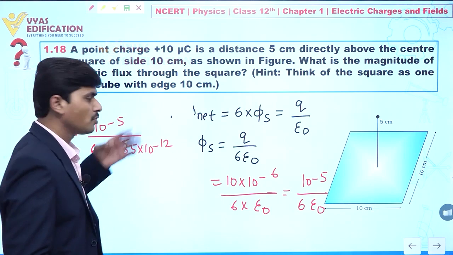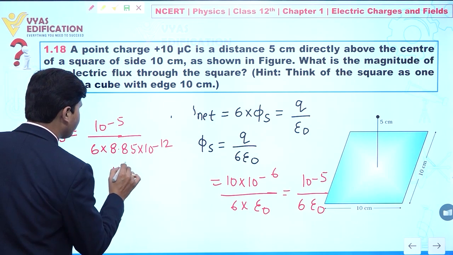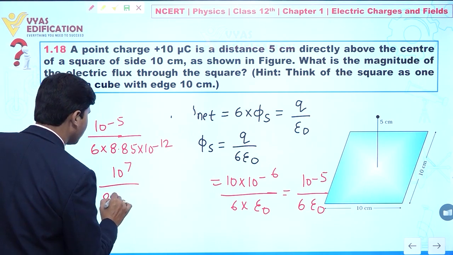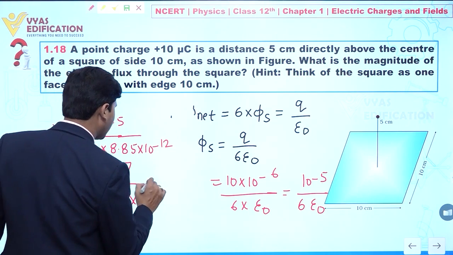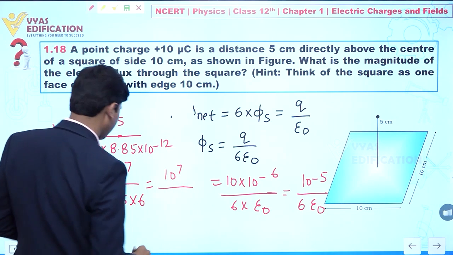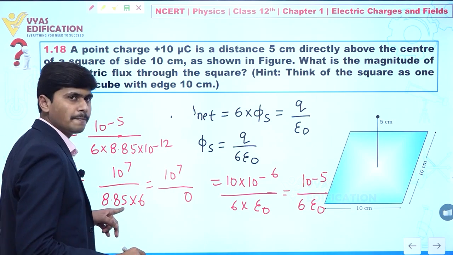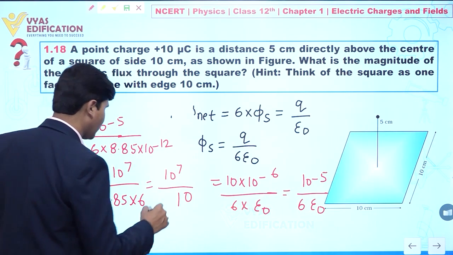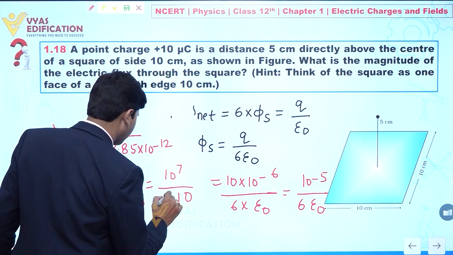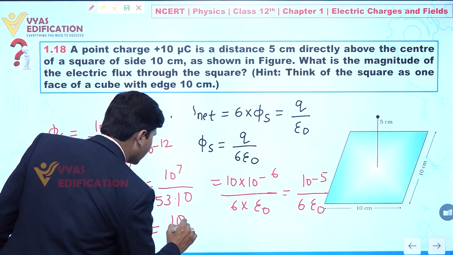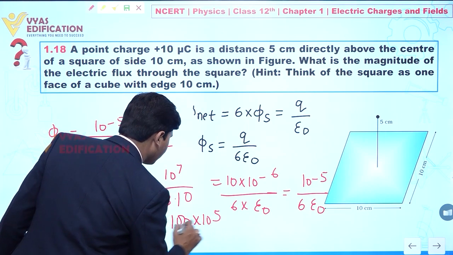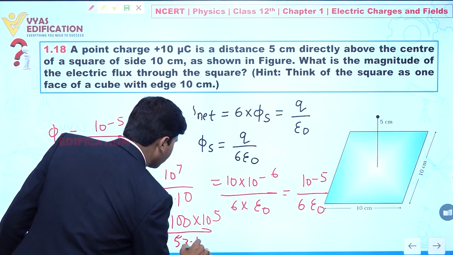When this goes to the numerator, it becomes 10 to the power 7 divide 8.85 into 6. Clear? So if you multiply, we can write like this: 10 to the power 7, we have 30, we have 3, this is 51, we have 5, so this is 53. Clear? So we can write like this: 100 into 10 to the power 5, this is 53.1.